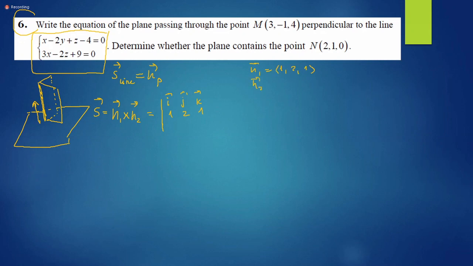What we see is y is missing. So the second normal vector is not 3, minus 2, 9. The second normal vector is 3, 0, minus 2. Be very, very careful with this kind of situation. It's so easy to get the normal vector wrong, especially if one of the variables is missing. And so we write 3, 0, minus 2.